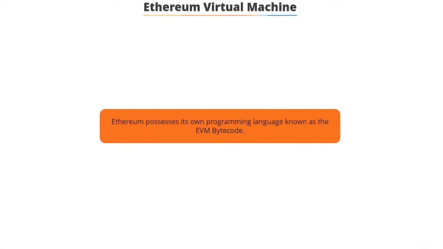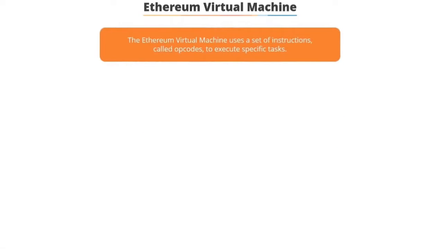The Ethereum Virtual Machine can be regarded as a quasi-Turing complete machine. It possesses its own programming language, known as the EVM bytecode. Once the code is written in higher-level programming languages, it can be compiled to EVM bytecode. The Ethereum Virtual Machine uses a set of instructions called opcodes to execute specific tasks.